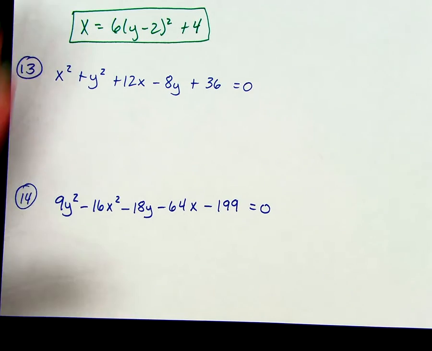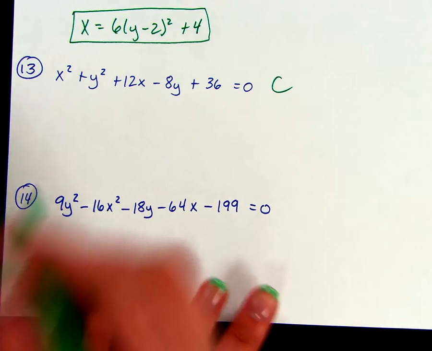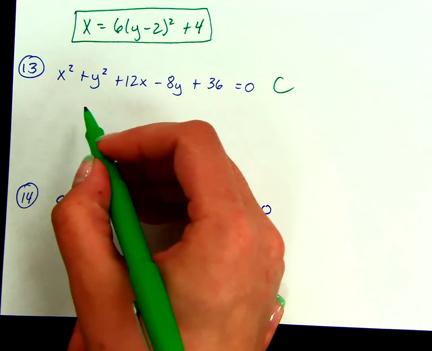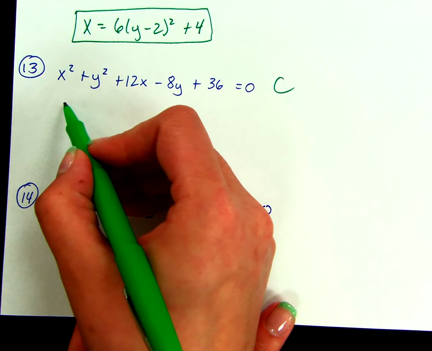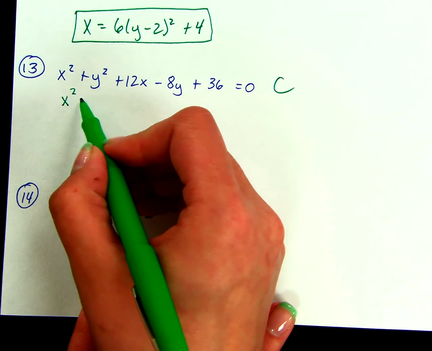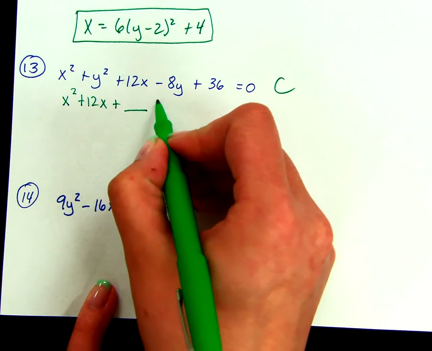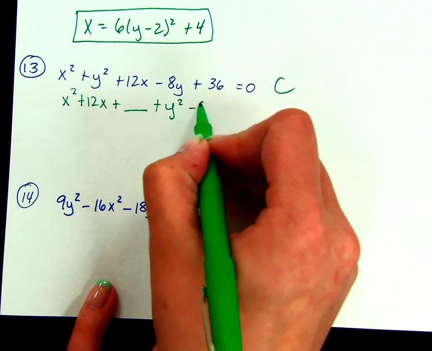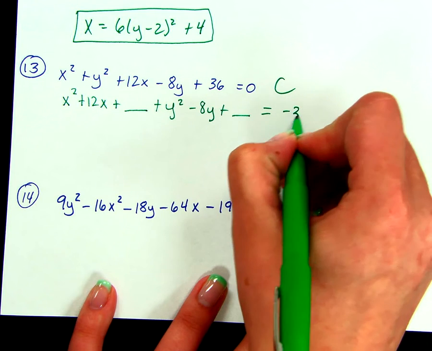All right, so if we continue, the next one is a circle. So we have two square terms with the same numbers. So again, we're going to group the x's and y's together. And as I rearrange the equation, since we don't need to worry about factoring this time, I'm going to leave room to complete the square. So we will have x squared plus 12x, room to complete the square, plus y squared minus 8y, room to complete the square, and then we're going to subtract the 36 over.